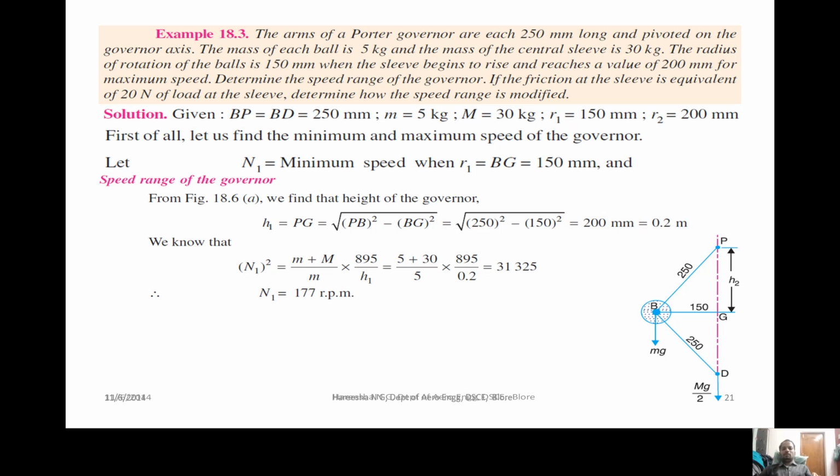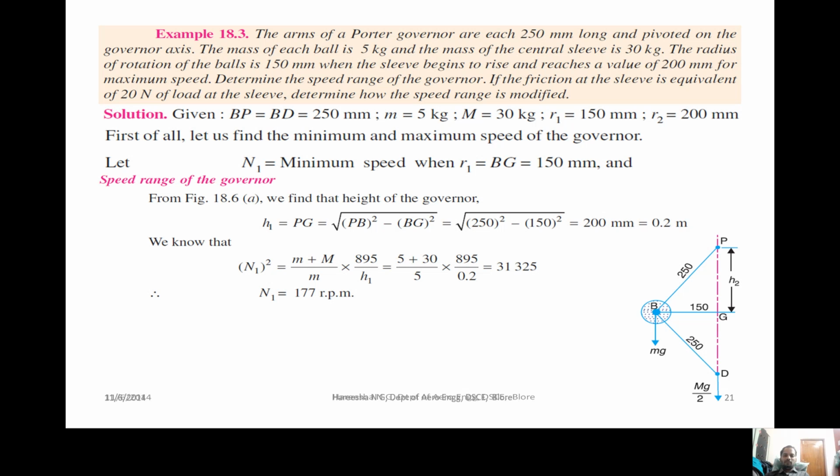First of all, find the minimum and maximum speeds of the governor. Let N1 be the minimum speed of the governor and N2 be the maximum speed. The speed N1 is minimum when r1 equals 150 mm.